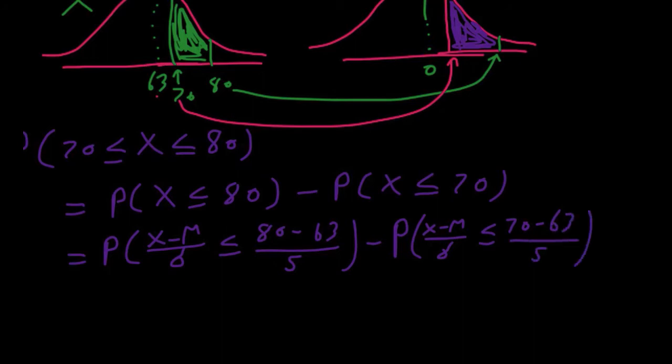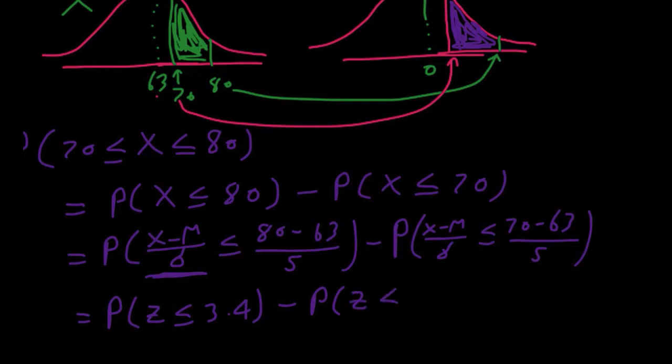Once you simplify, this x minus mu over sigma is the z less than or equal to 80 minus 63 divided by 5, 3.4, minus probability z, similarly x minus mu over sigma, and 70 minus 63 divided by 5 is 1.4.